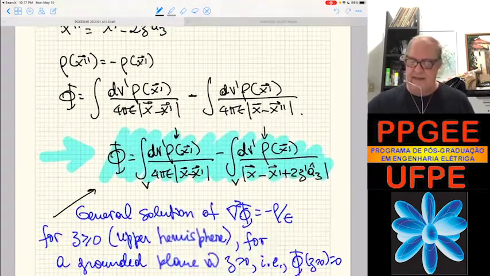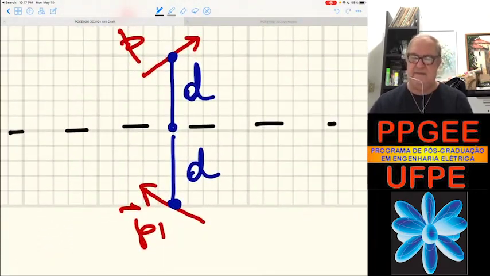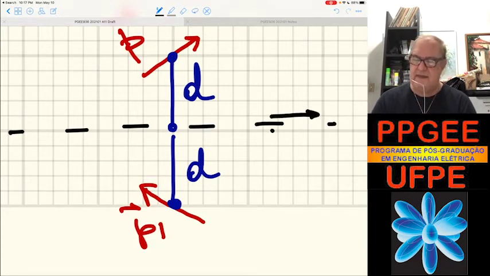The image of a dipole like this is a dipole tilted like the mirror image. Head has a tail as an image, tail has a head as an image. So for instance, if you had a dipole like this, the image is a dipole like that.